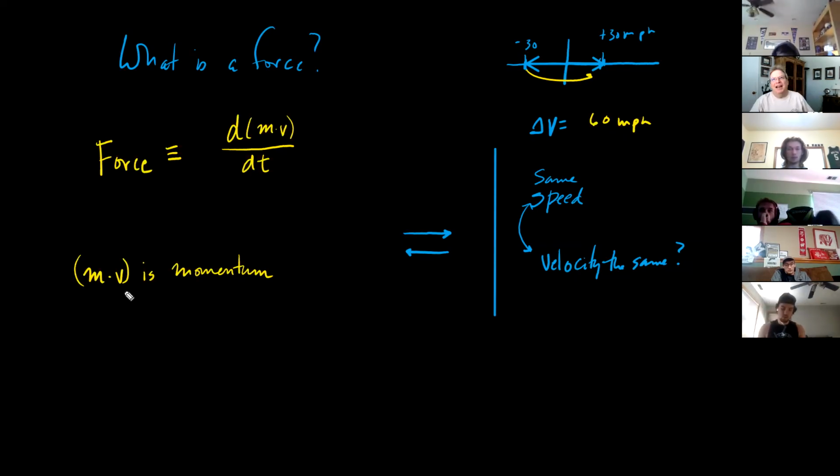Now that's really fast for a kid. Let's say it's 2 miles an hour and the kid runs into you. What do you typically do? You go, ow, that hurt, kid, get out of here, push him away, right? If a locomotive hit you at 2 miles an hour, you'd go flying. Why? The train has more momentum because its mass is so much bigger. It's going the same speed, but its mass is much larger.